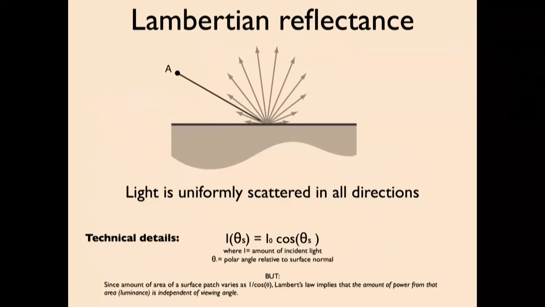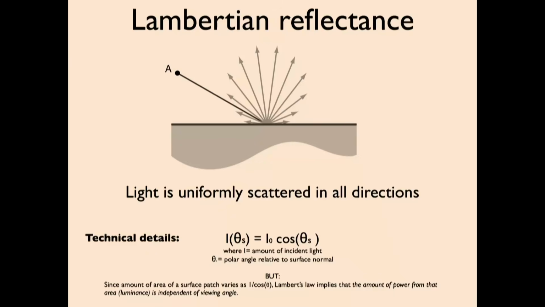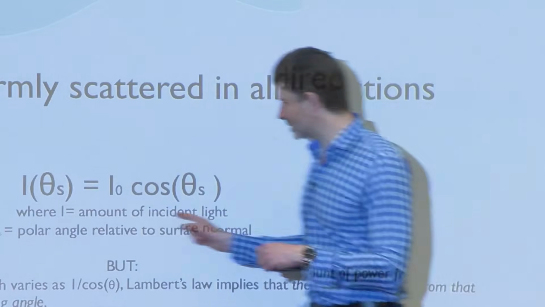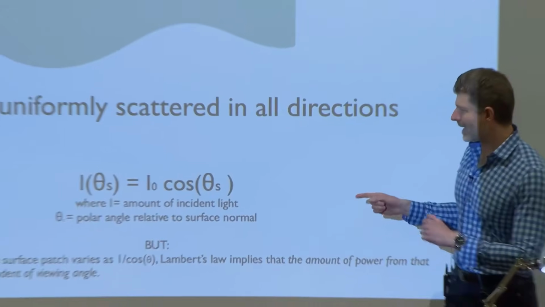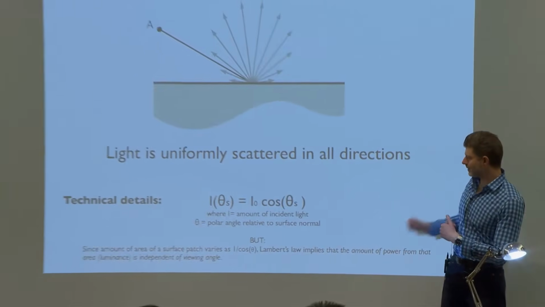Okay. So the whole reason that we can talk about this is because many surfaces in the world exhibit something that's well approximated as Lambertian reflectance. A surface that is Lambertian scatters light uniformly in all directions. Here are the technical details. I is the amount of incident light.